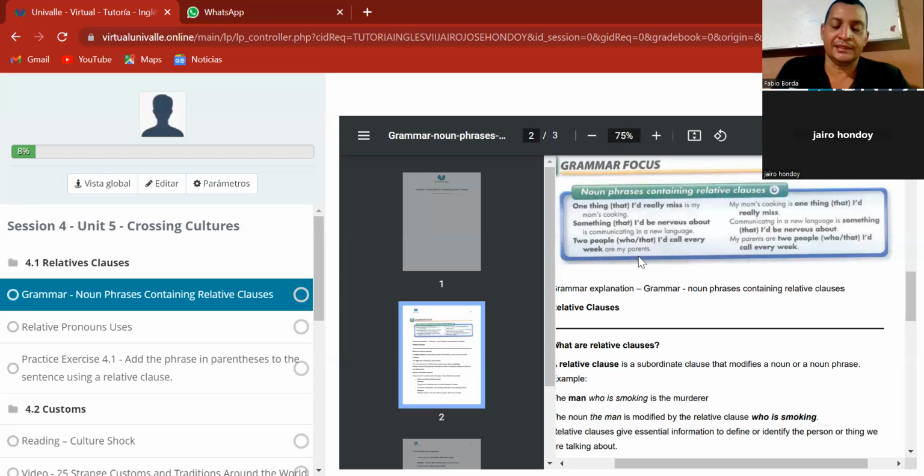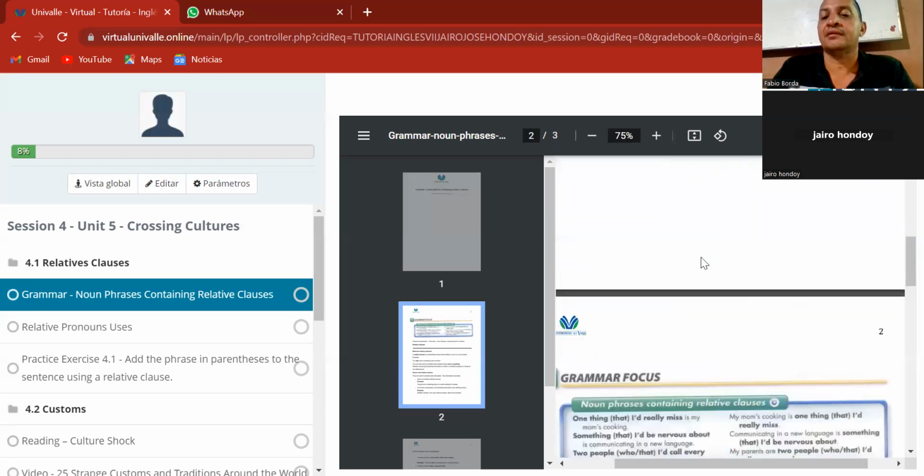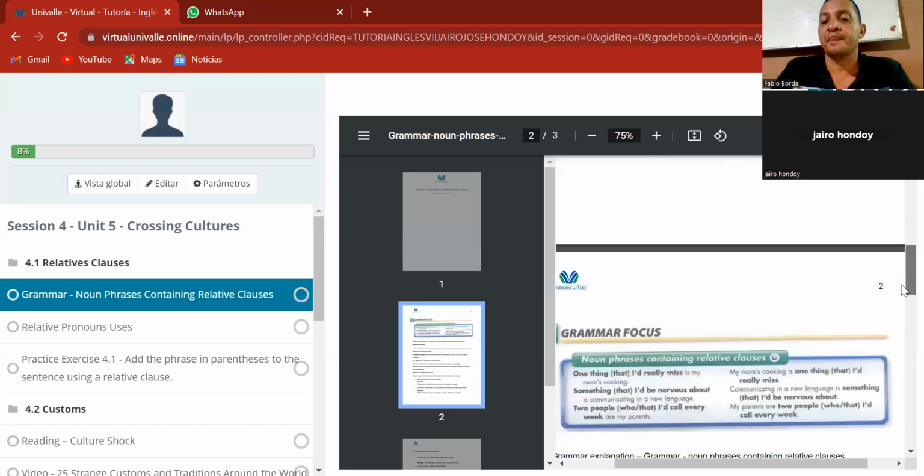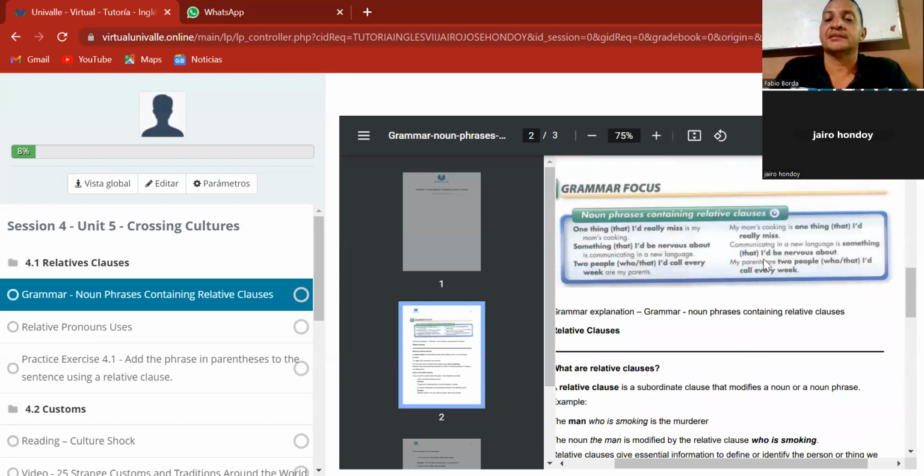The idea is, can you identify the position of the relative clause? On the left, you can observe that we start with a relative clause, but on the right, we finish with a relative clause.